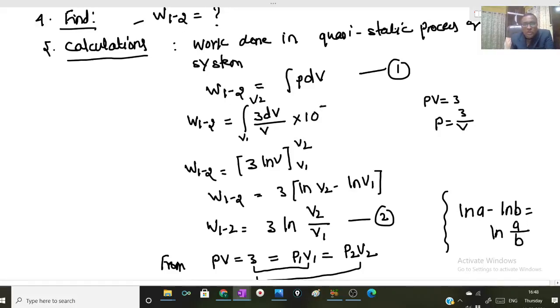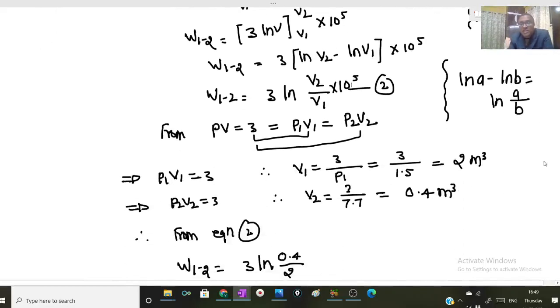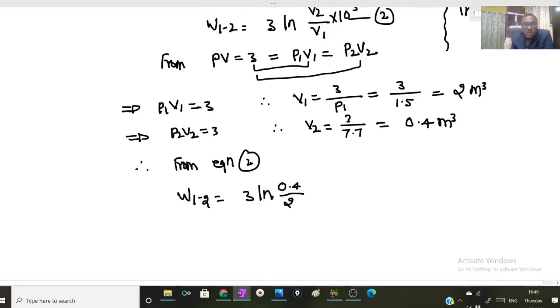So it will be multiplied by 10 to power 5, because 1 bar is equal to 10 to power 5 Pascal. This entire quantity is multiplied by 10 to power 5. So this is something I was going to commit a mistake by not taking the appropriate units.